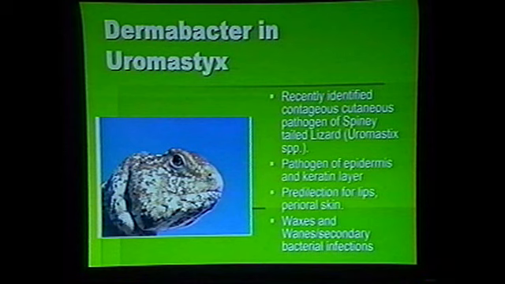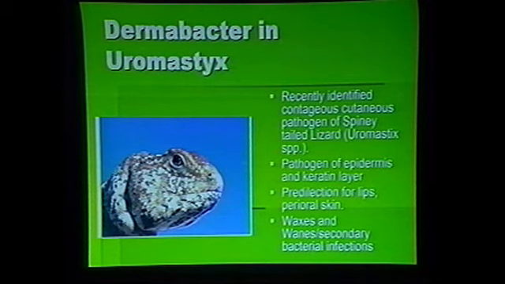A relatively new disease has been recently characterized in uromastyx or spiny tail lizards, and this is caused by Dermabacter, which is a somewhat obscure cutaneous human pathogen from the tropics.